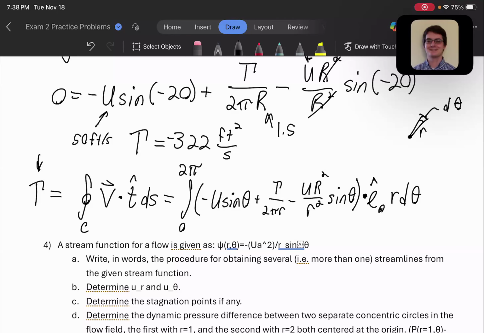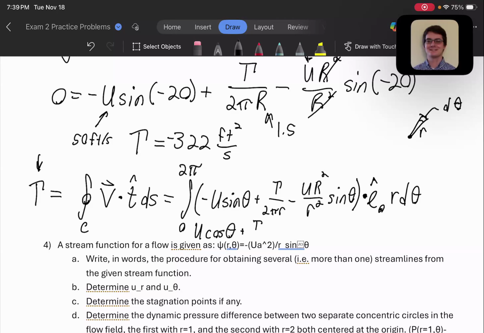So now if we start integrating, what we're going to get is the integral of sine, negative cosine. So we're going to have u cosine theta. This one is just going to be adding a theta in here. I'll add the r at the very end.